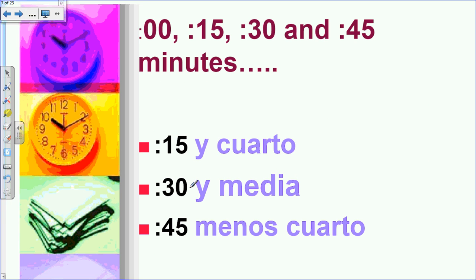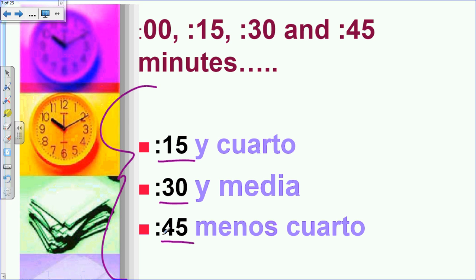So we're going to do a couple of more specific examples here. In Spanish, whenever we have something that ends in 15, 30, or 45, después de 15, después de 30, después de 45, we use this special expression, y cuarto. Señores, repitan, y cuarto.